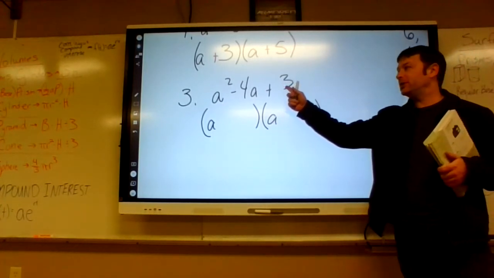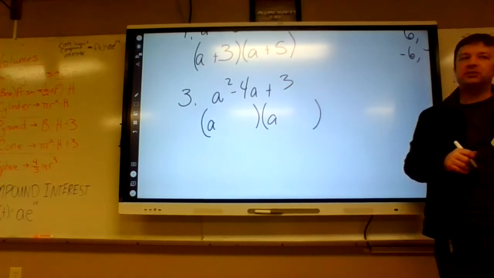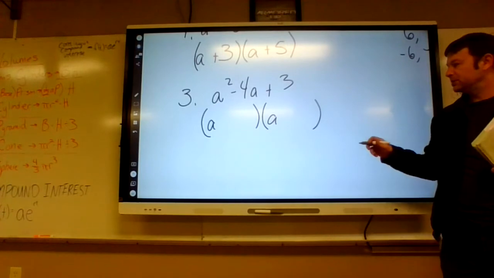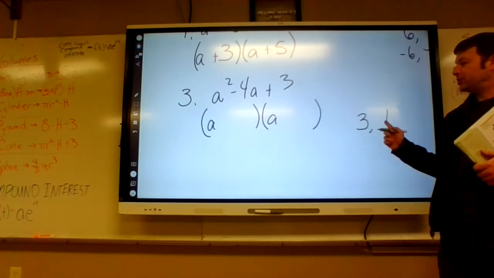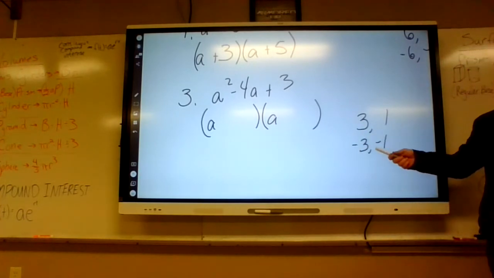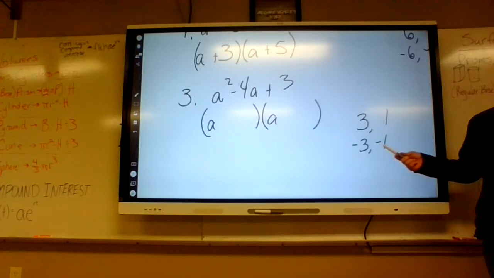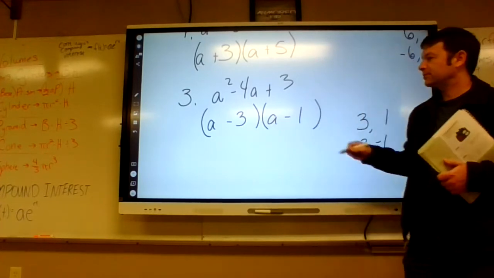But it has to add up to -4. -3 and -1. 3 times 1 is 3, but also -3 times -1 is 3, and if we use the negatives, that adds up to -4. So we have to use -3 and -1.